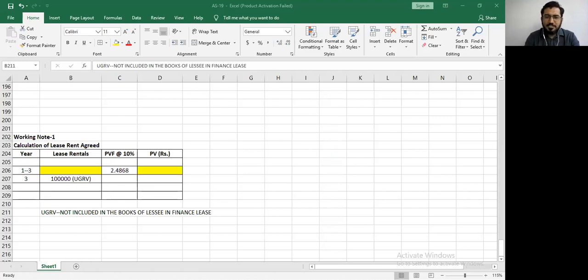वो तब आता है जब डिसीजन हमने ले लिया है कि ये फाइनेंस लीज है और लीजी की बुक्स में एंट्री कर रहे हैं, पर अभी तो हमने ये डिसीजन ही नहीं लिया है कि ये फाइनेंस लीज है. अभी तो हम ढूंढ रहे हैं कि पहले हमें लीज रेंट मिले, उसके बाद हम प्रेजेंट वैल्यू ऑफ एमएलपी ढूंढे, तब जाके हमको पता चलेगा ये फाइनेंस है या ऑपरेटिंग लीज है. मतलब अभी तक हमने फाइनेंस या ऑपरेटिंग लीज ये डिसीजन लिया नहीं है, तो हम लोग अनगारंटीड रेसिडुअल वैल्यू यूज कर सकते हैं. आर यू क्लियर विद दिस?